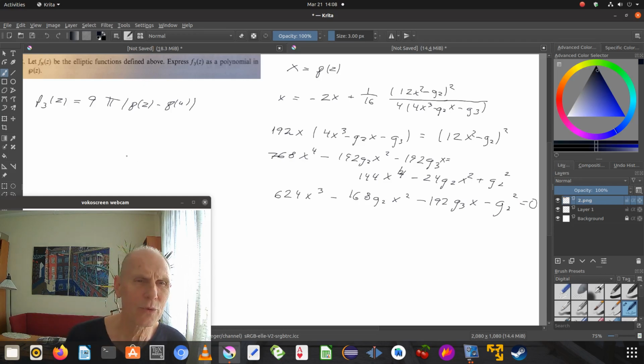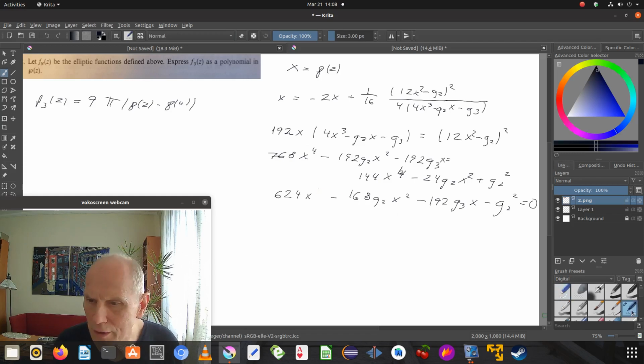It's a third order equation, and we do have 9 points altogether, and since the point at infinity is excluded, then we have 8 points, so it should be a fourth order. Oh, that's right. A fourth order equation.